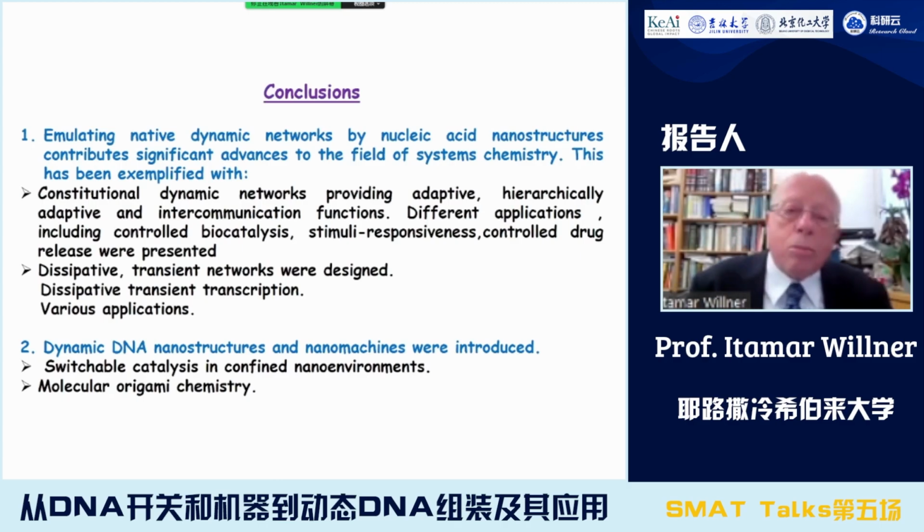And today there are tremendous activities in the area of protocells, and I believe that the integration of these dynamic networks into protocells will really lead to some kinds of artificial life and artificial cells.